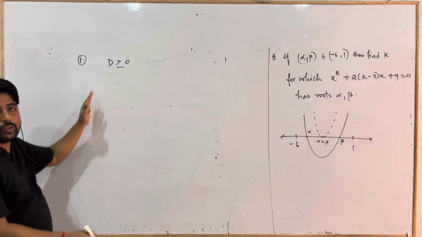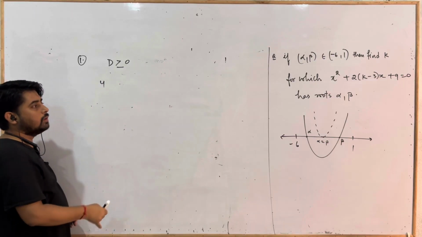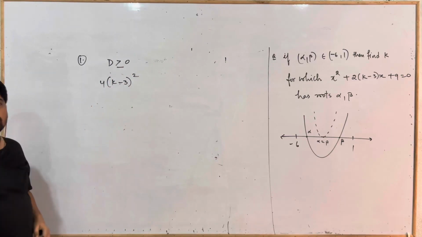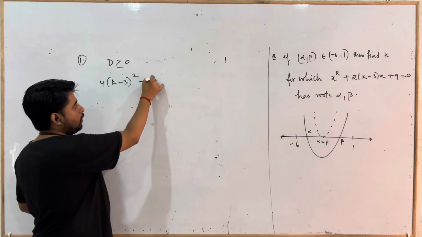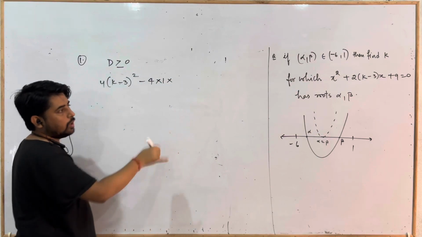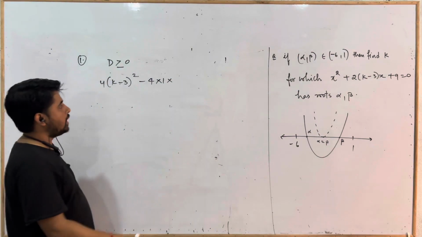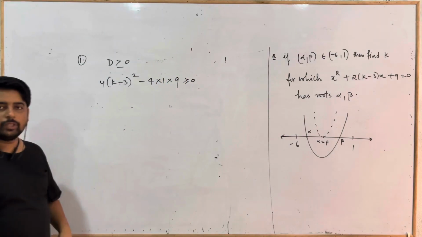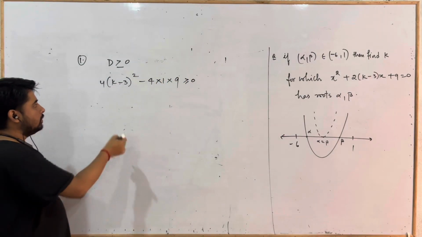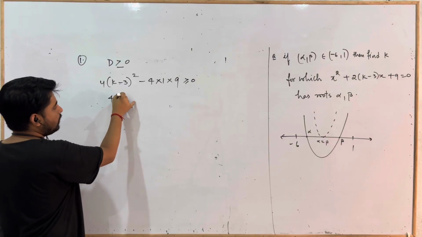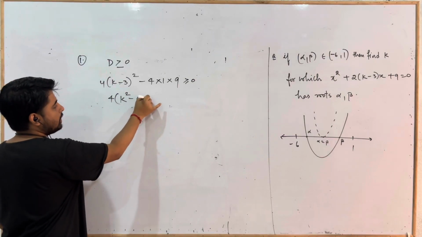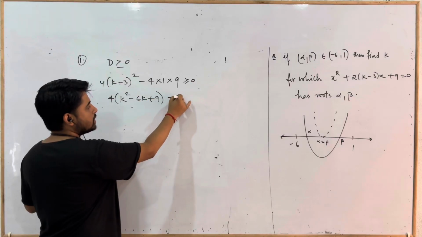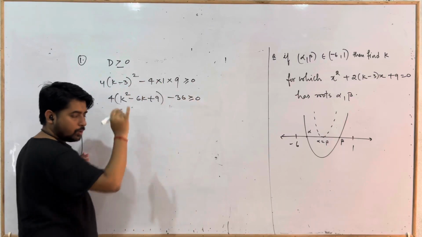So what is b square minus 4ac here? 2 square is 4 and that is (k minus 3) whole square. b square minus 4ac, it is 4 into 1 into, and what is c here? c is 9 here, and is greater than or equal to 0. Done? Now I am going to simplify this one. So 4, this is k square minus 6k plus 9, right? And this is minus 36 and is greater than or equal to 0.